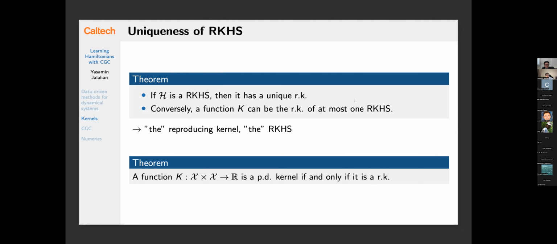And conversely, a function K can be the reproducing kernel of at most one RKHS. This theorem now allows us to refer to the reproducing kernel of an RKHS and the RKHS of a kernel. And finally, last but not least, just a remark: positive definite kernel is equivalent to reproducing kernel, so we can just refer to it as a kernel.